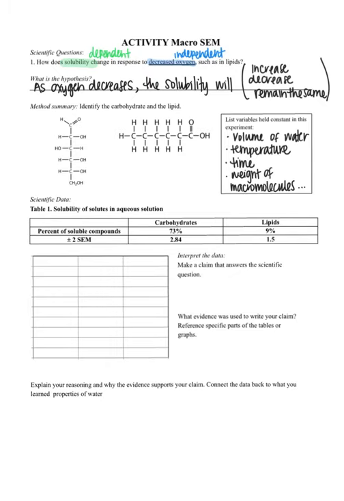Now, one of the things that this method summary is talking about is identifying the carbohydrate and the lipid. Based on what we know about carbohydrates and lipids, we know that they're both made of carbons, hydrogens, and oxygens. Another thing we know is that carbohydrates are typically found in this 1 to 2 to 1 ratio.